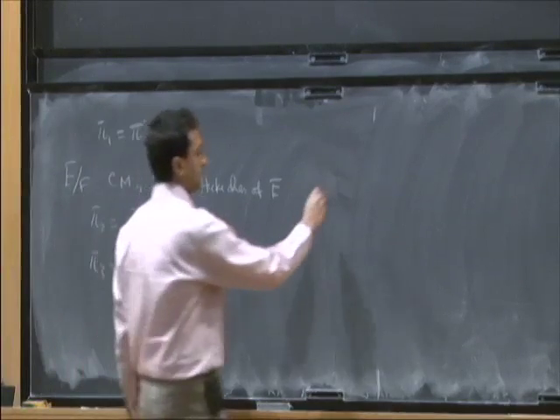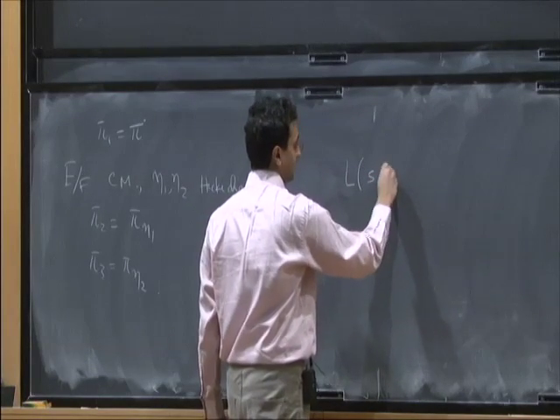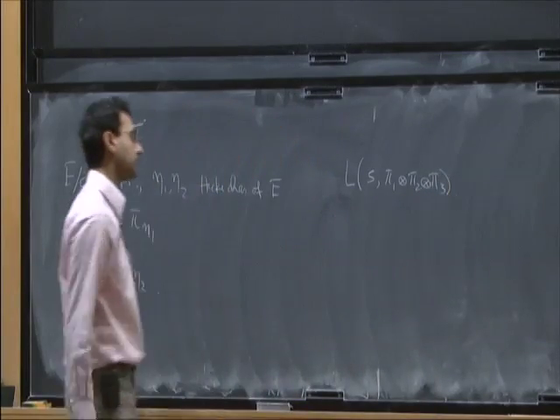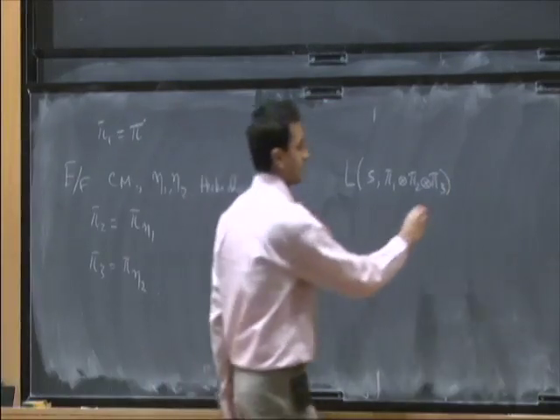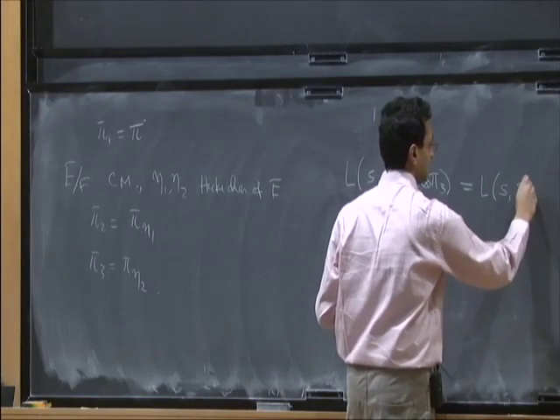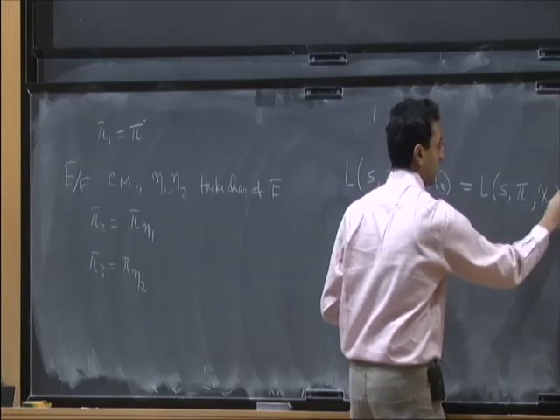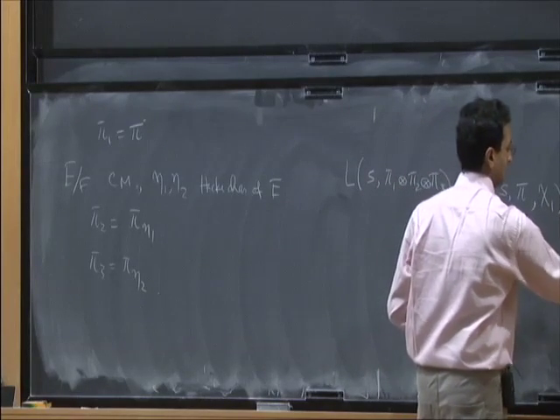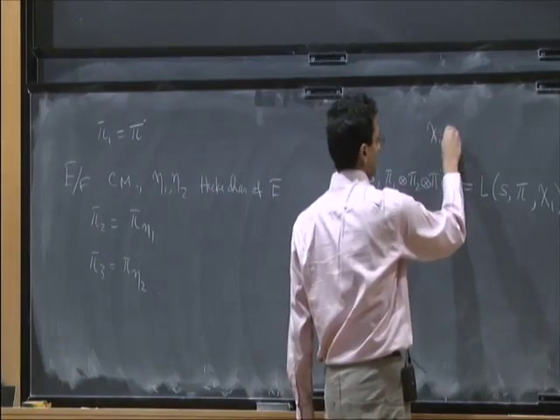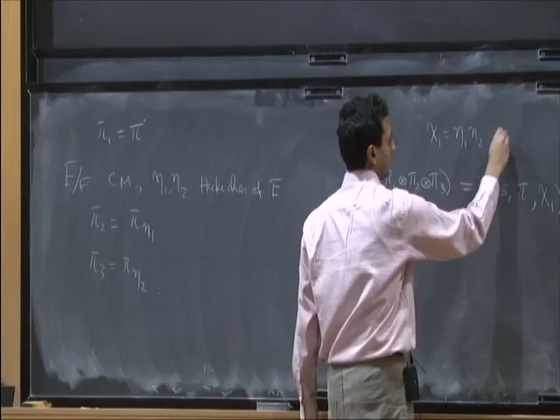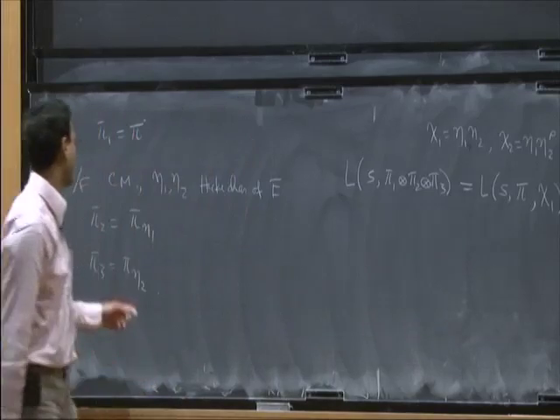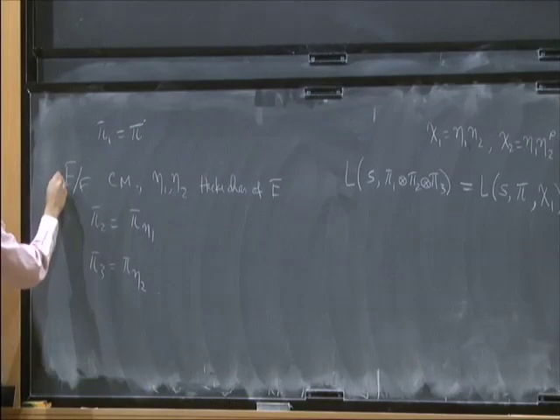And now let's take the Rankin-Selberg, or the triple product pi1 tensor pi2 tensor pi3. Right? And this you can check easily equals L_s(pi, chi1) L_s(pi, chi2), where chi1 and chi2 are related to eta1 and eta2 by the relations chi1 equals eta1 eta2 and chi2 equals eta1 eta2 rho, where rho is the non-trivial Galois automorphism of E over F.